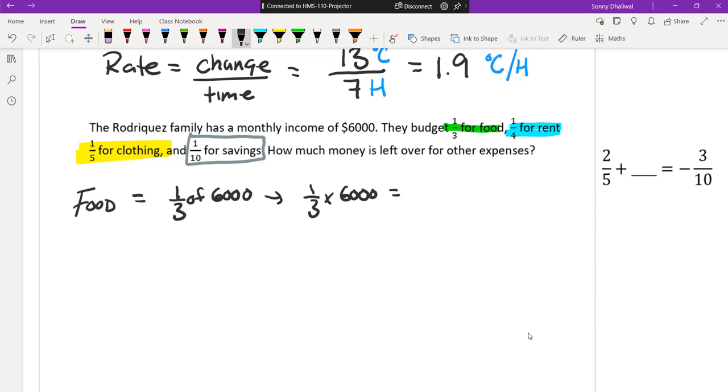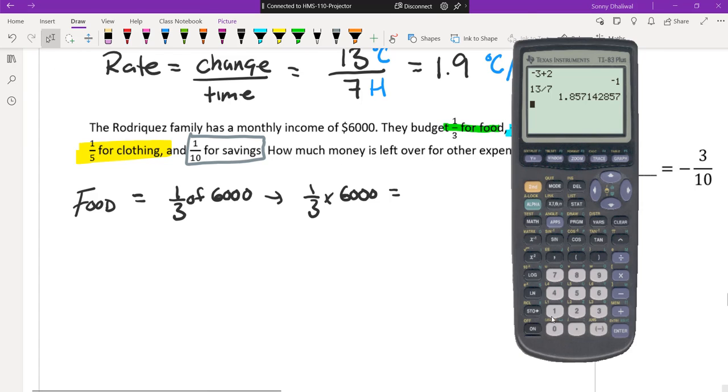How much money is that? The decimal of 1/3: 1 divided by 3 is 0.333, continuing.